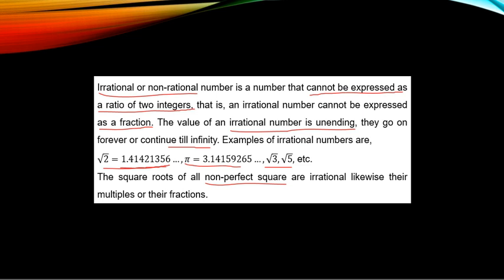Likewise, their multiples or their fractions. Non-perfect squares are numbers whose square roots you cannot get easily, such as root 2, root 3, root 5, root 6, root 7, root 8, and so on. So this is rational and irrational numbers.